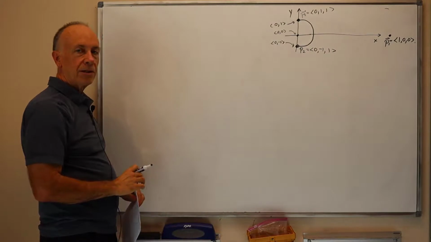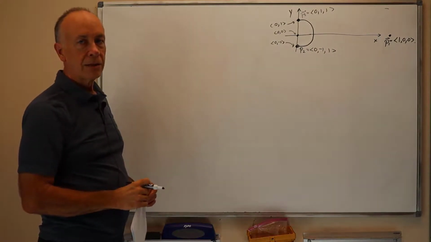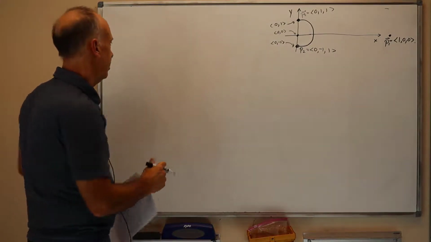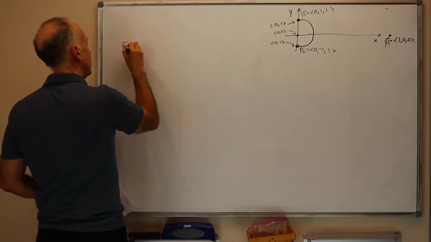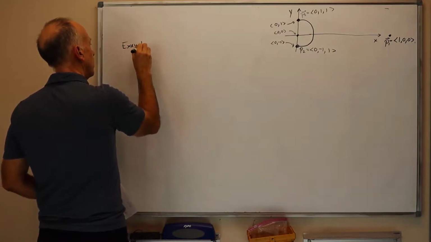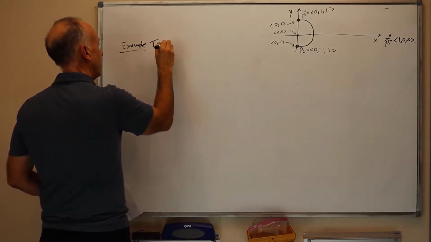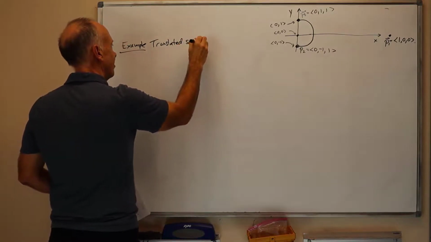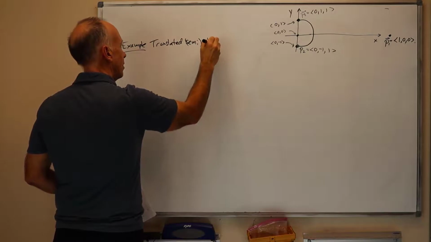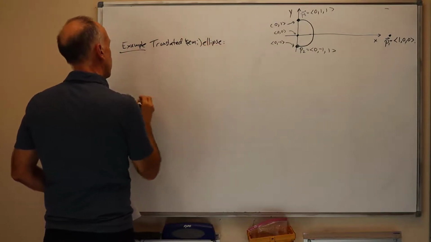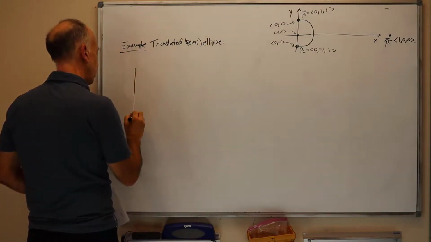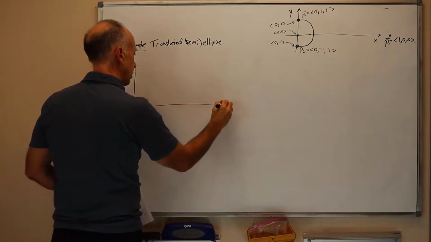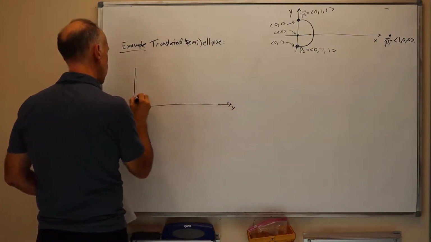For our third example, let's try an ellipse or semi-ellipse that's been translated as well. So, translated semi-ellipse. So here's my x-axis.